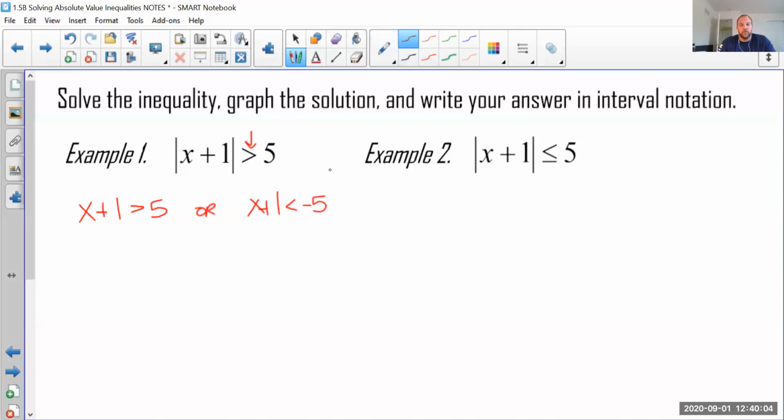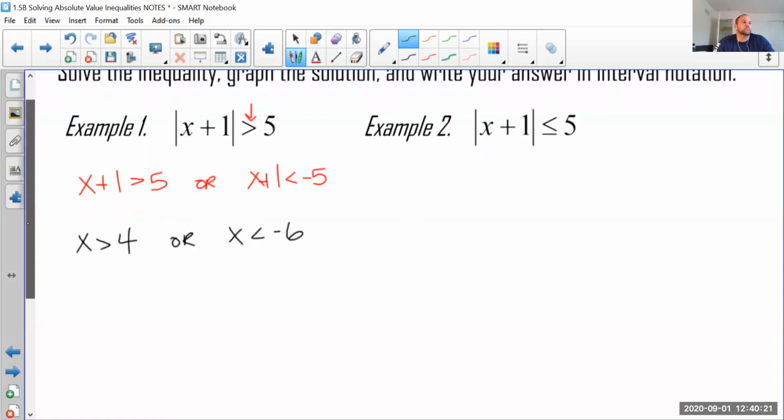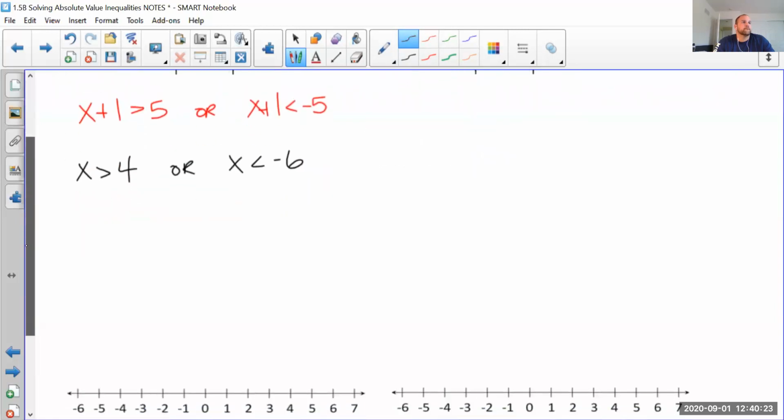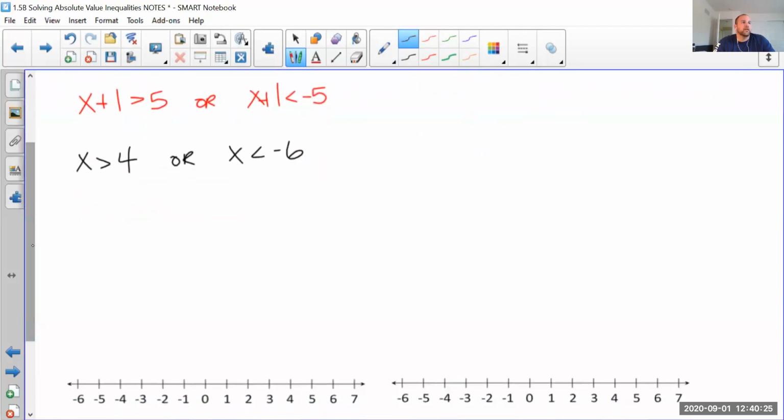And then I'm just going to solve those separately. So we need to subtract 1. x is greater than 4. Or subtract 1, x is less than negative 6. Now I'm going to graph that.